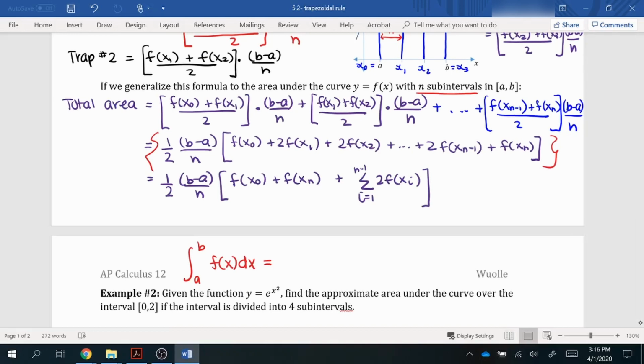We're going to call this the trapezoidal rule. I'm going to rewrite this as b minus a over 2n times f of x0 plus 2 f of x1 plus all the way up to 2 f of xn minus 1 plus f of xn.